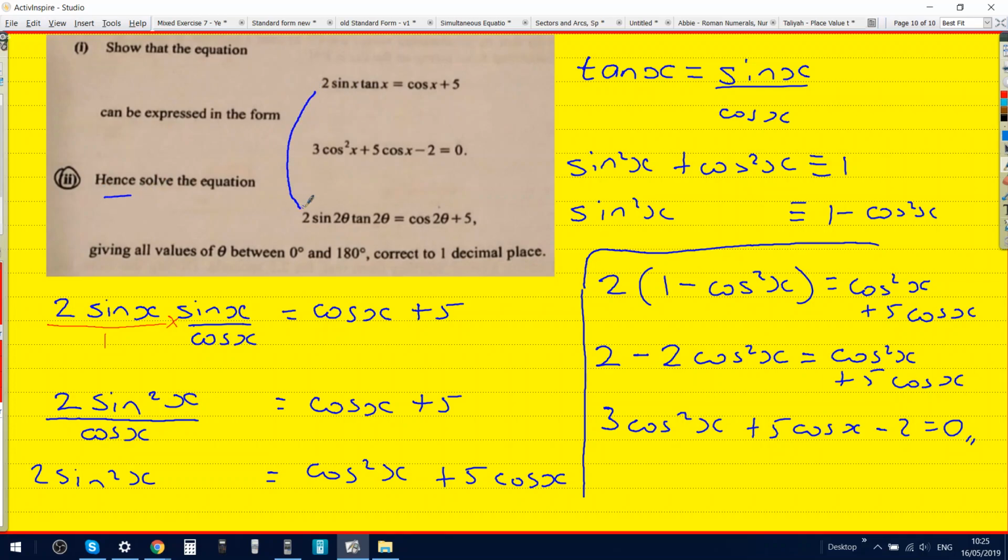So these two match up with each other. What's the only difference between them? Theta and 2. So basically, x equals 2 theta. Oh, right, yeah. So we know that these two are the same as each other, so I would solve this one. How would you solve this?